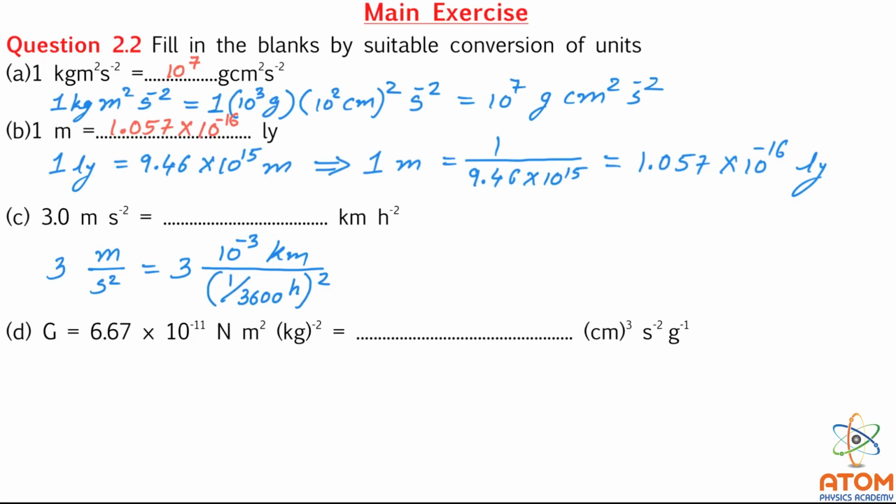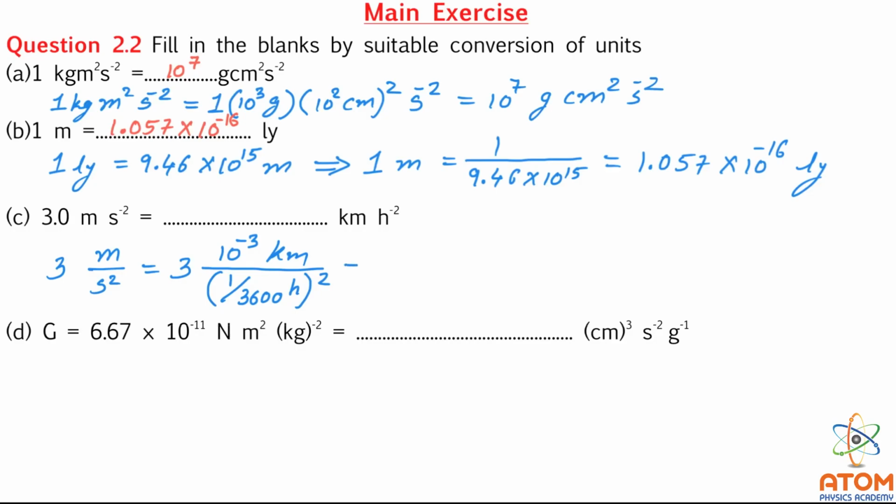I repeat, this is 1 meter, that is 10 raised to minus 3 kilometer, because 1 kilometer is 10 raised to plus 3 meter, so 1 meter is 10 raised to minus 3 kilometer. The same way, 1 hour is 3600 second. So 1 second is 1 divided by 3600 hour, and then whole square.